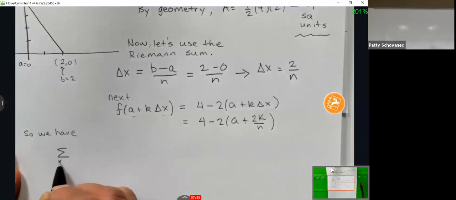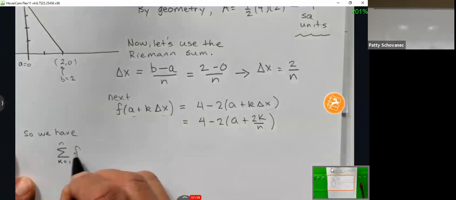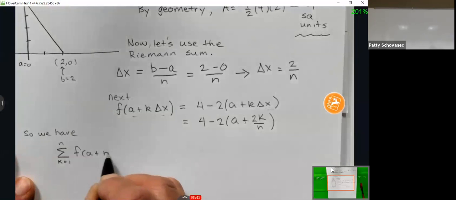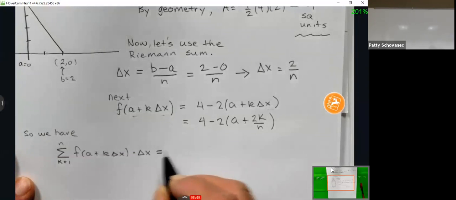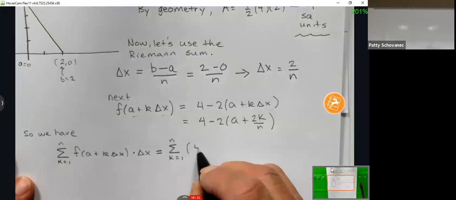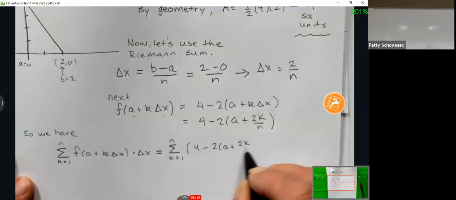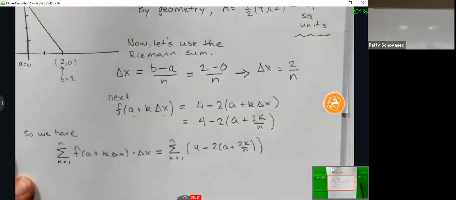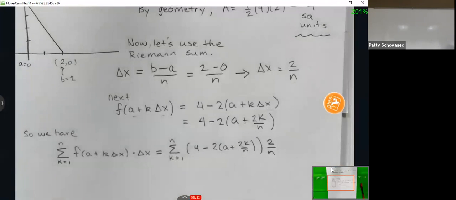The sum from k is equal to 1 to n of, let me write down the general formula. Now let's write it down for this particular function. There's my f, times my delta x.